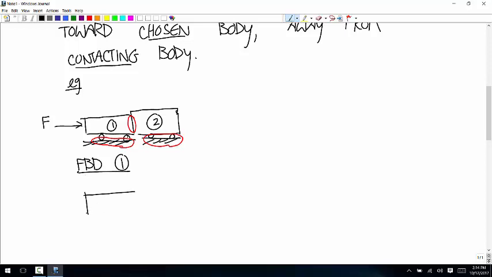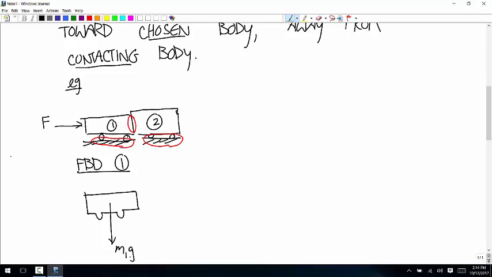So draw a closed outline. And then what forces are acting on this body? There's a weight force. I'll call it M1G. There's a force being applied to this by the ground. So now we have to think about the rules of pushing contact.